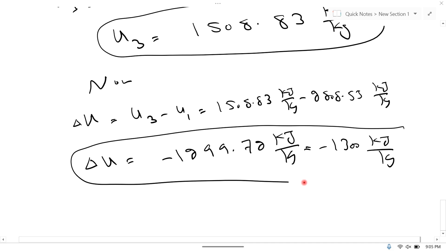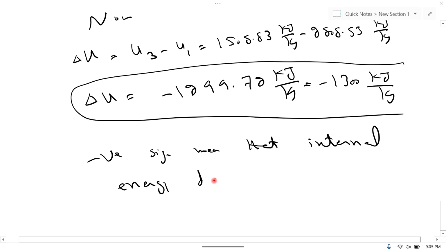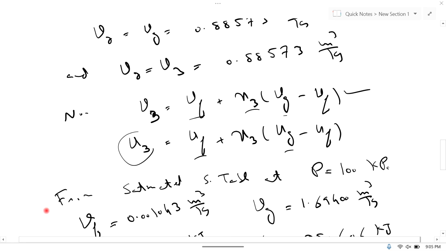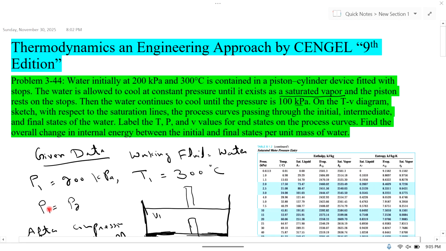The negative sign means that the internal energy decreases, because there is cooling in the problem. In the statement there is cooling involved, so the internal energy decreases. And this is the end of the problem.